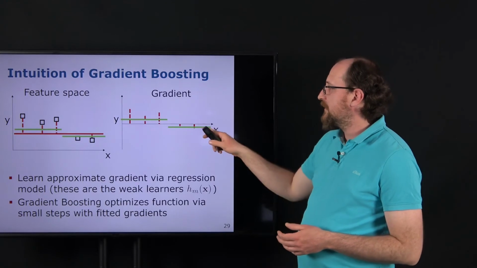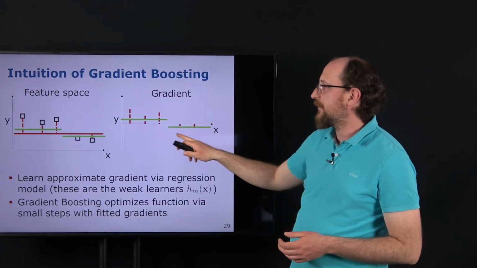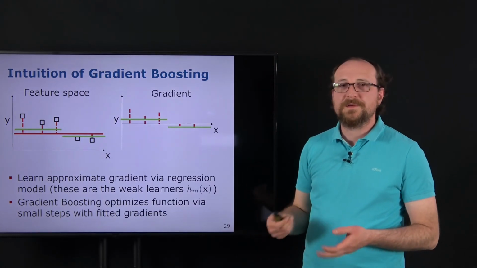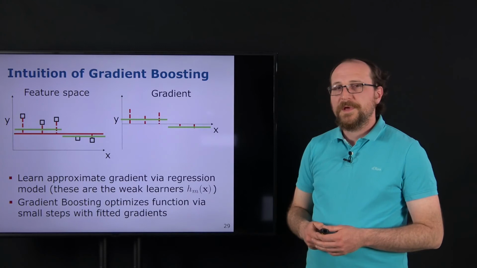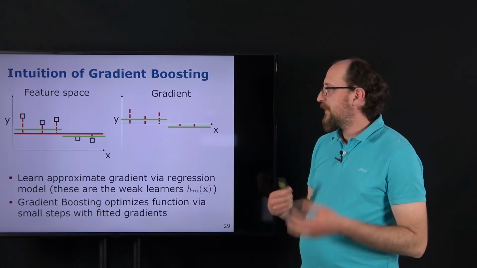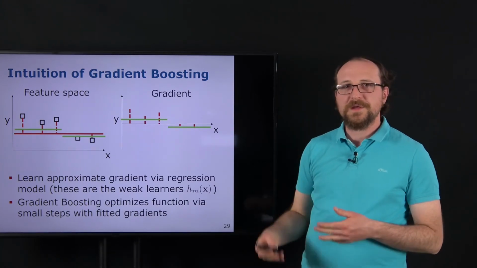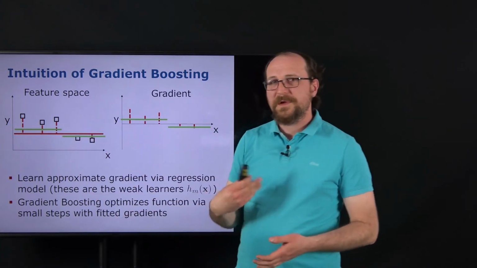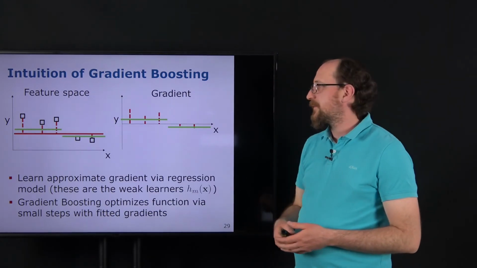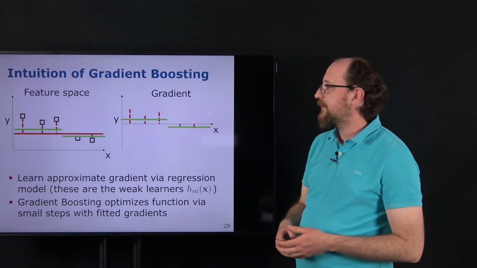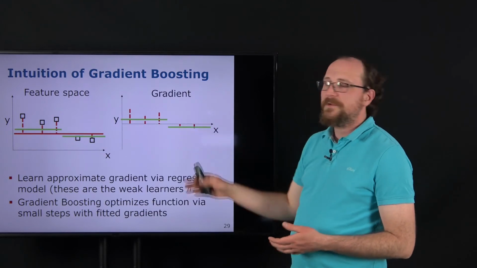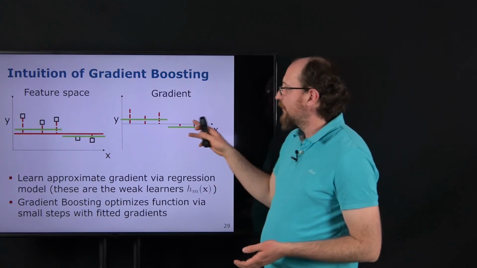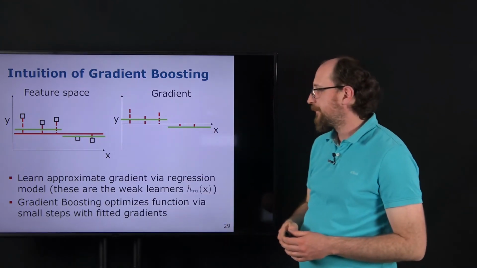Then we can use this gradient function to update the function that we want to approximate. This is basically the idea. At each stage, we determine the residuals, or pseudo-residuals, in this case the negative gradients with respect to the loss. Then we fit a weak learner that approximates this, and we use it to update our function.